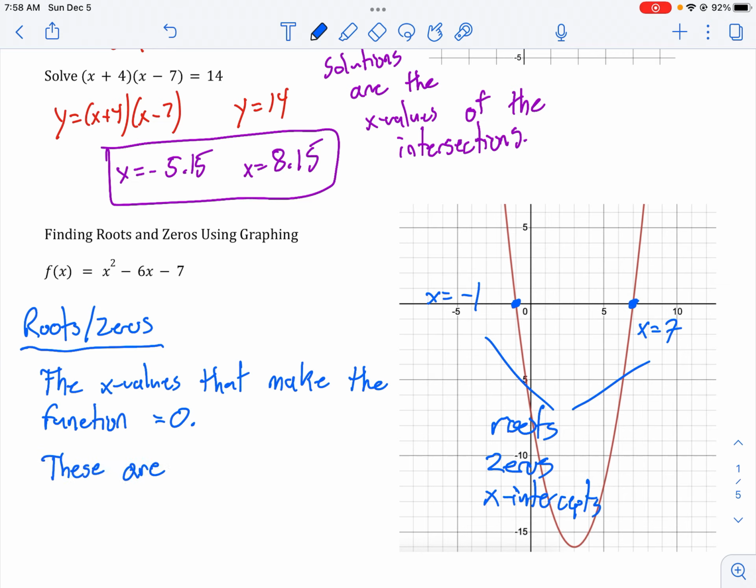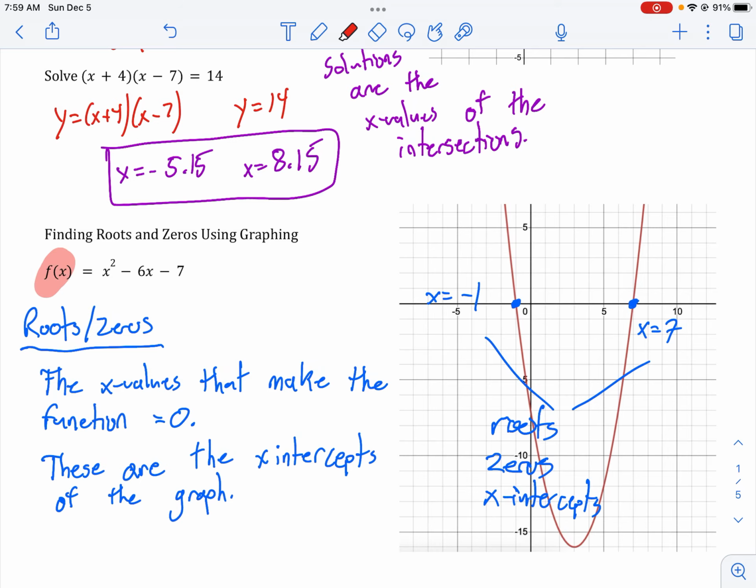These are the x-intercepts of the graph. So in the case where we have just a function that's given, like f of x or g of x, we can just graph that and see where it is equal to 0. We don't have to graph both sides.